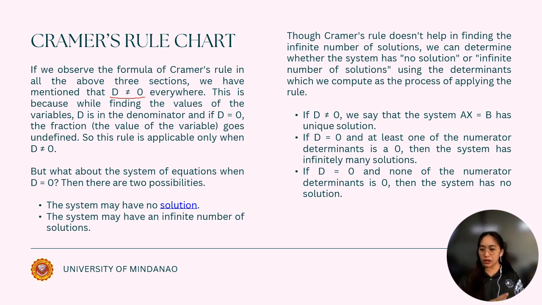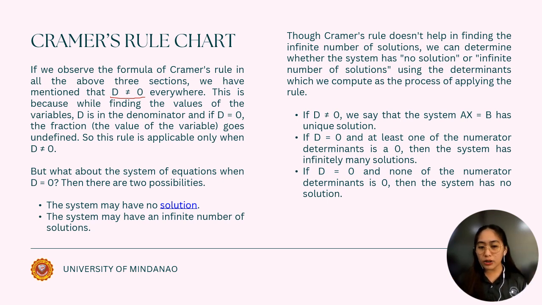Because as I've discussed previously, we need to find the unique solutions. This is because while finding the values of the variables, D is in the denominator. So if D is equal to 0, the fraction goes undefined. So D should not be equal to 0 so that our solving process will not be undefined.